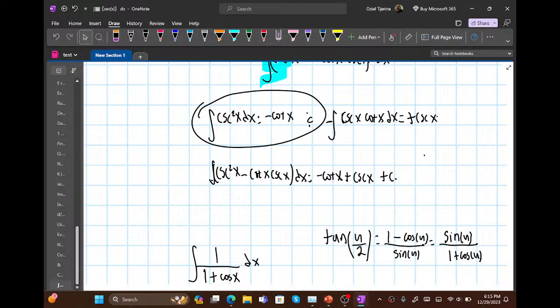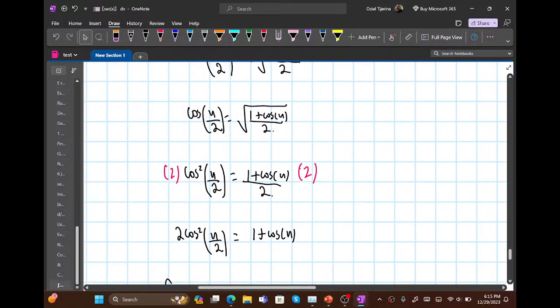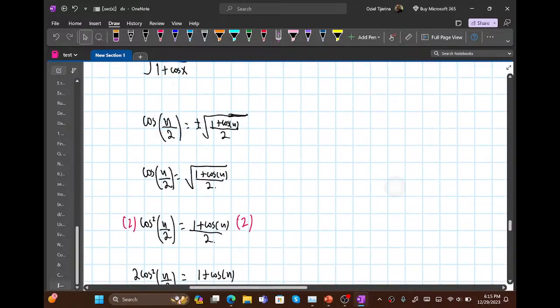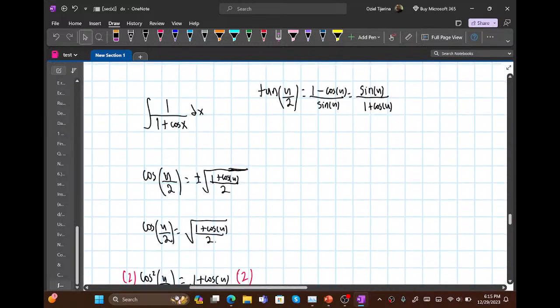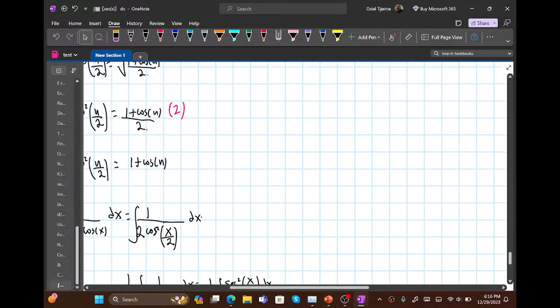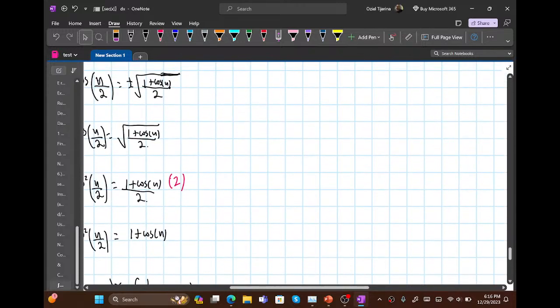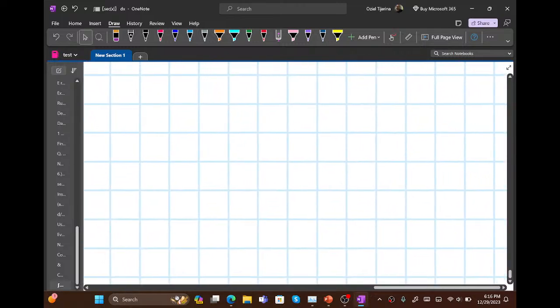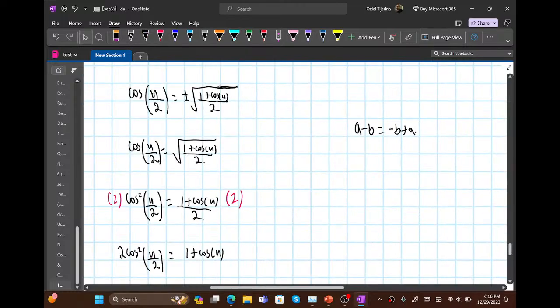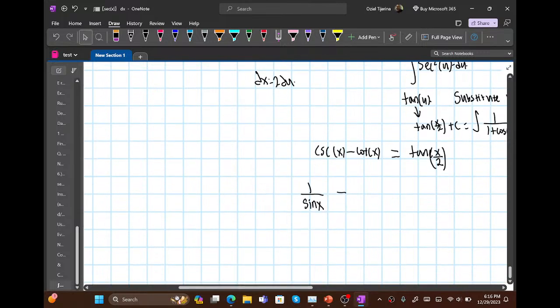I just wrote it that way because I don't like to do the negative first on the bottom. Yes, it is. Cosecant x minus cotangent x is negative cotangent. So, like, a minus b is negative b plus a. Yeah, it's just algebra errors. It's okay.